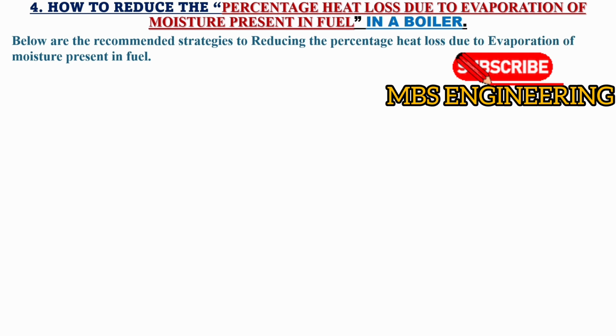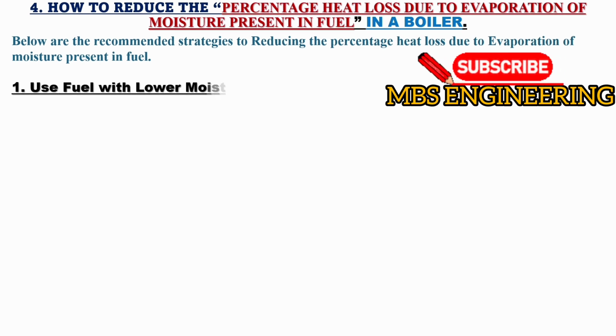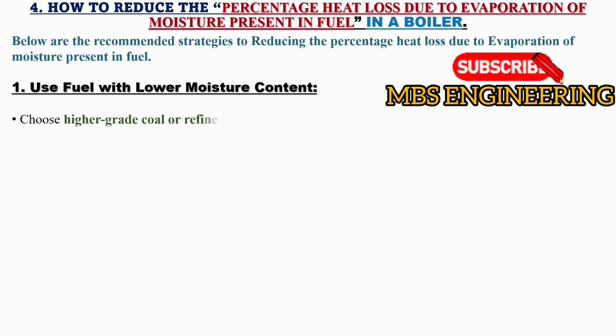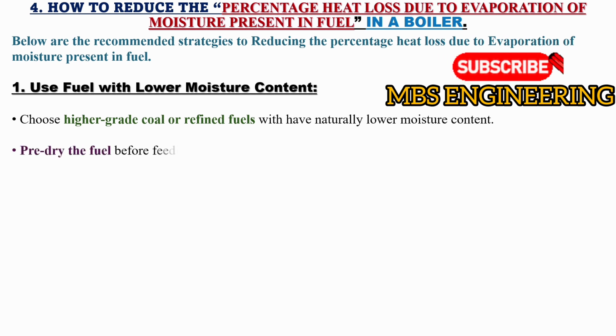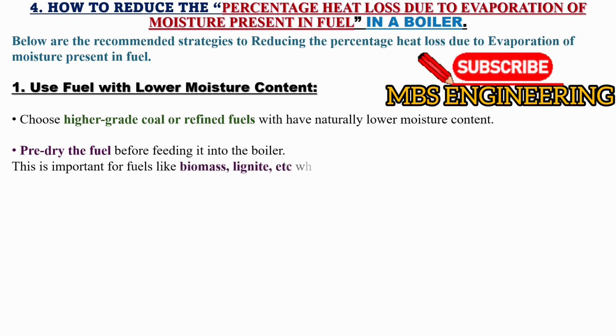The first recommendation to reduce the heat loss: use fuel with lower moisture content. Choose higher grade coal or refined fuels which have naturally lower moisture content. It is recommended to pre-dry the fuel before feeding it into the boiler. This is important for fuels like biomass and lignite, which have higher moisture content.